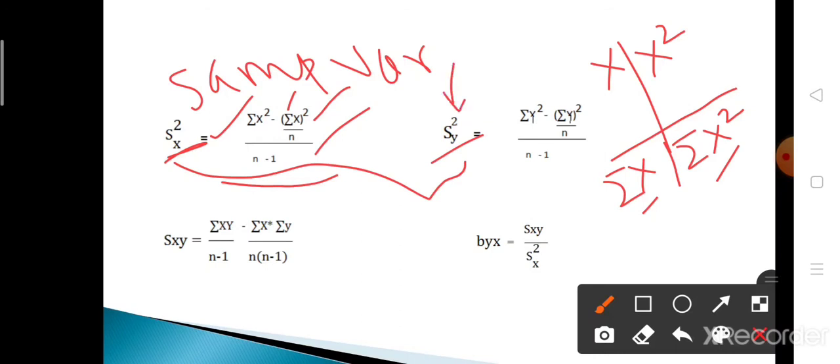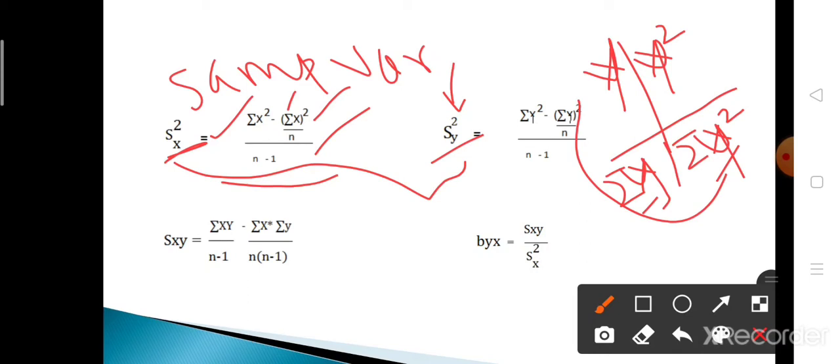If we are given the random variable y, make the column y square, that means squaring all the values of y. Then the sum of the column of y square is summation y square, and summation y is the sum of the column of y. Just plug the values in the formula, then we will get the value of sy square.